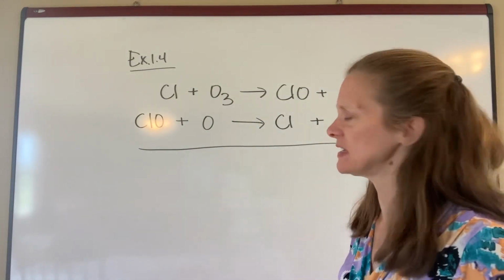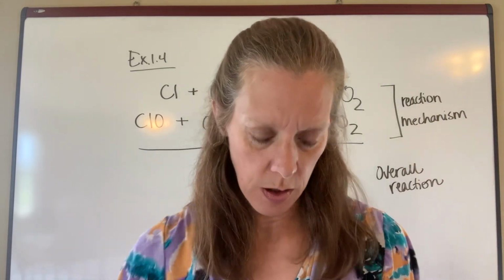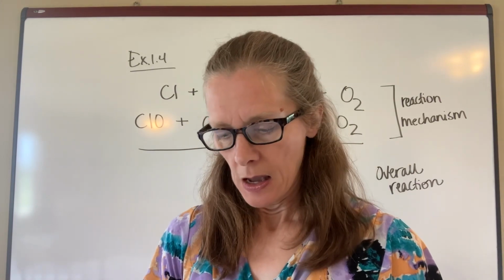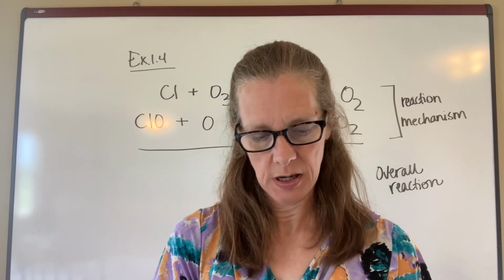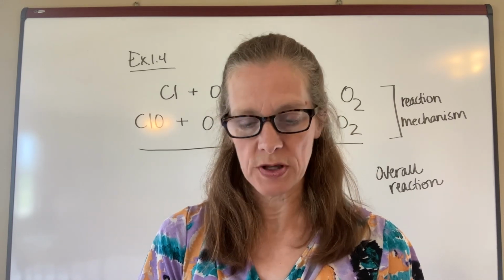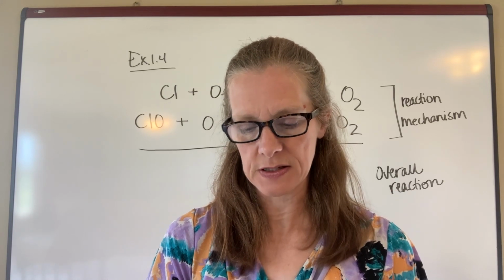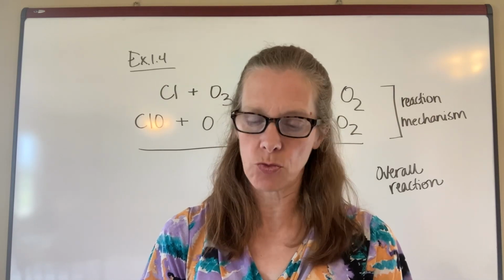Basically what happens is that in example 1.4, which is on page 6, we've got a chlorofluorohydrocarbon. When this is hit by ultraviolet light, the chlorine splits off from the rest of the molecule, and then that atom reacts with ozone.